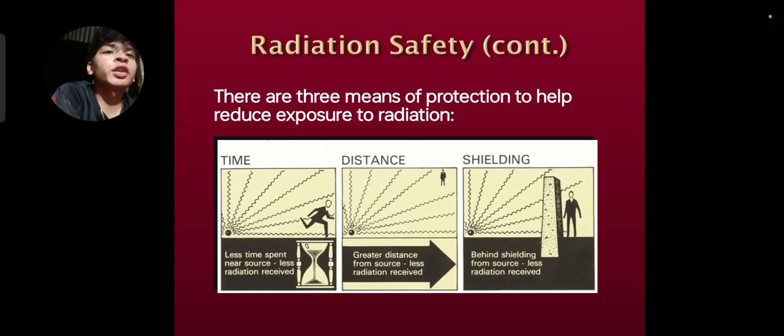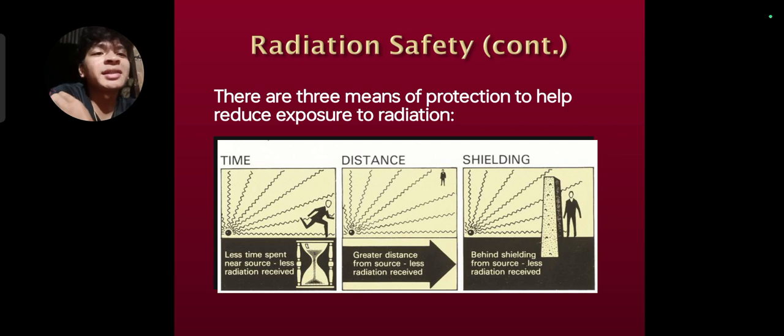These three parameters, time, distance, and shielding, are also means of protection to help reduce the exposure to radiation. In time: the less time spent near the source, the less radiation received. It means you don't need to expose yourself for too long to the radiation, so just avoid that.